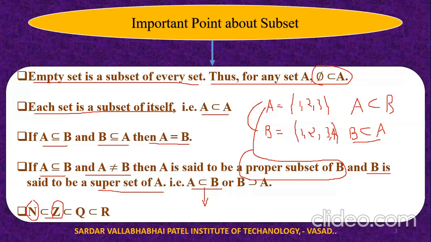So obviously N is a subset of Z, not only a subset but a proper subset, because both are different. Q is the rational numbers, bigger than Z, and R is the real numbers. So this is the biggest set. So we write N ⊂ Z, Z ⊂ Q, Q ⊂ R.